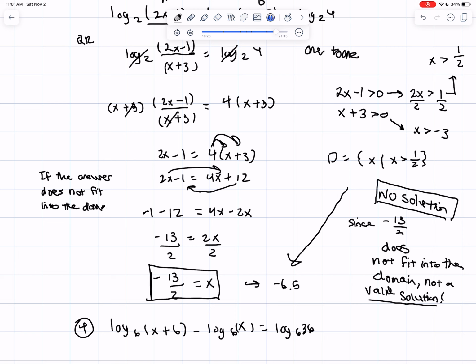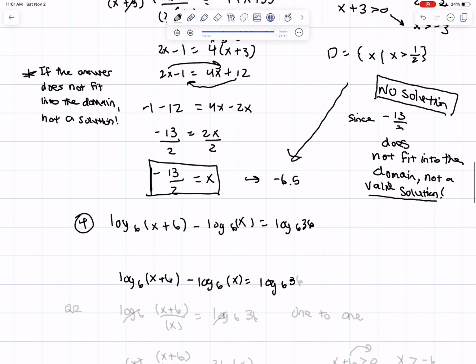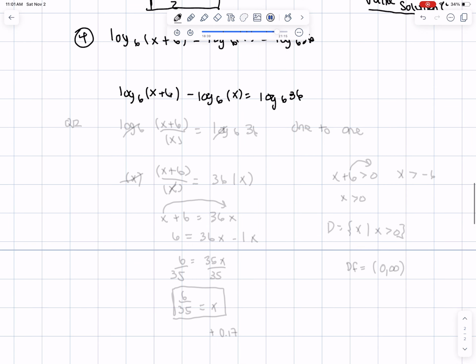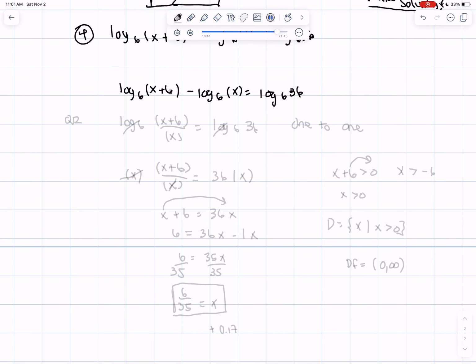Okay, so welcome back. Let me rewrite this. Log base 6. So no powers. We just evaluate by looking at our rules. We have the quotient rule.